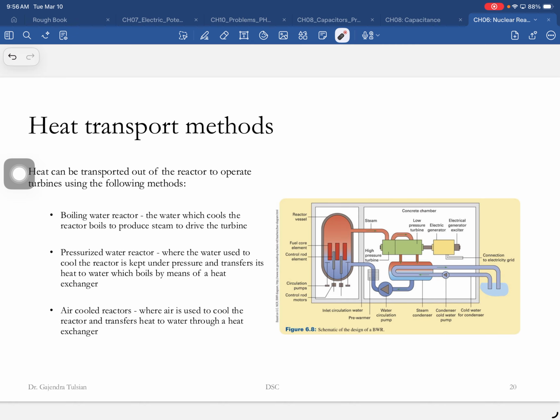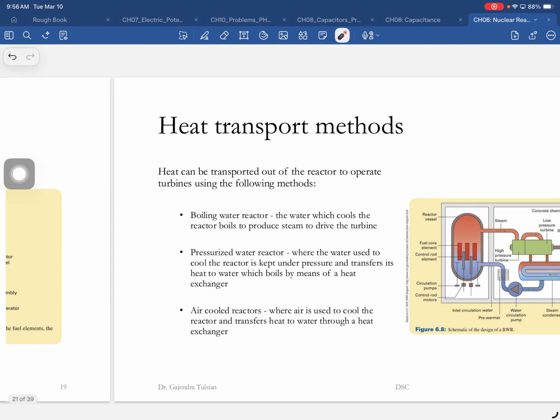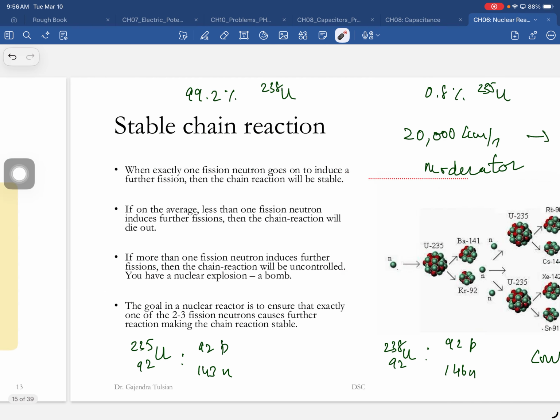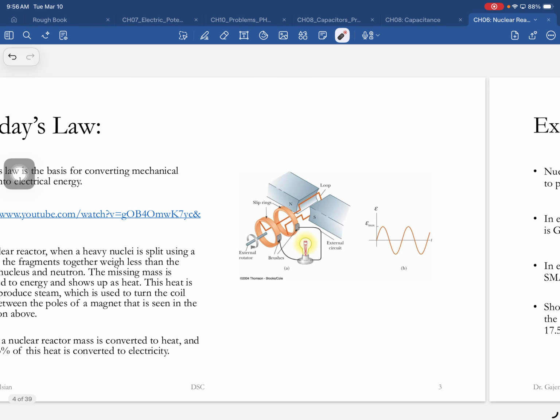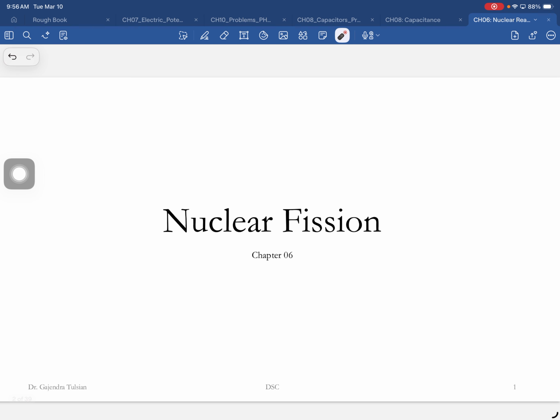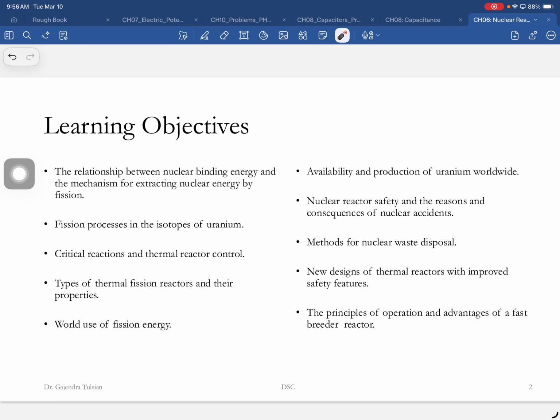All right, so that's the nuclear reactor. You guys understand that? Okay. Any questions before we get into the slides? All right, so now we'll look at some of the details. We'll look at the fission process in an isotope of uranium, and U-235 is what you split.